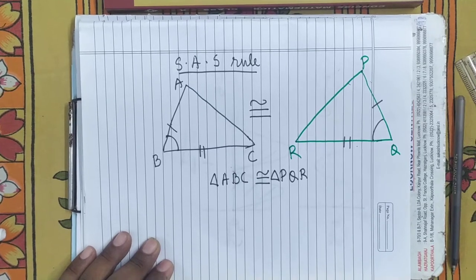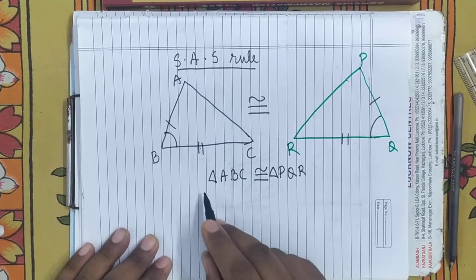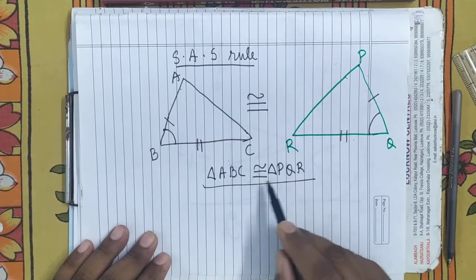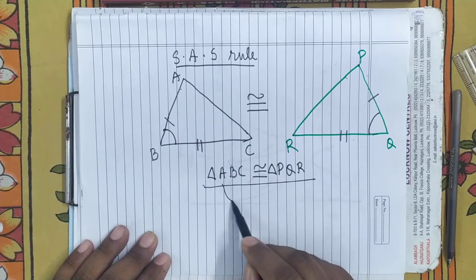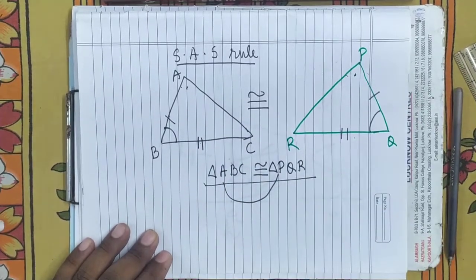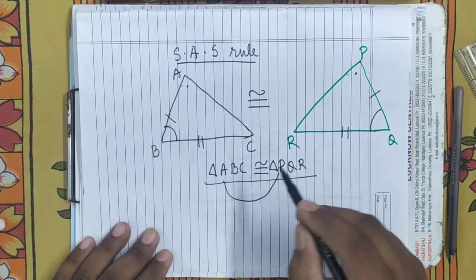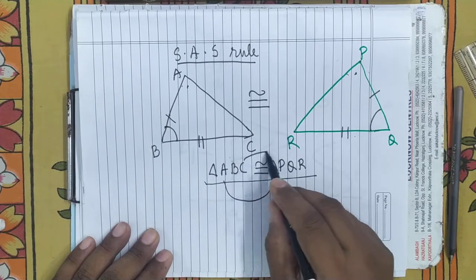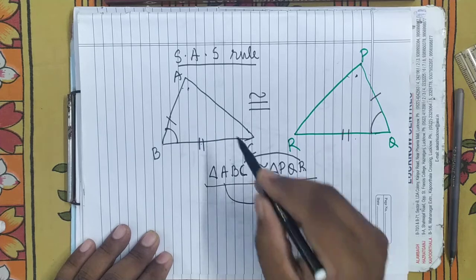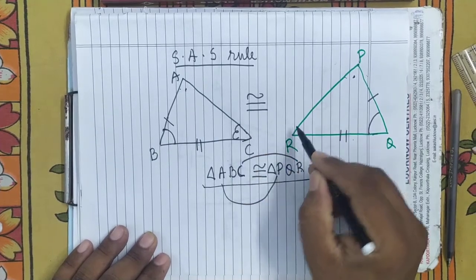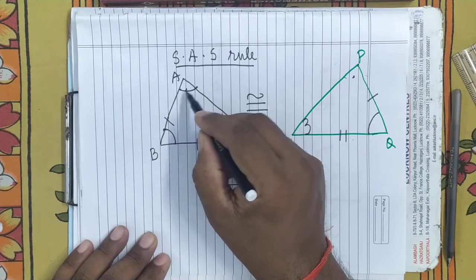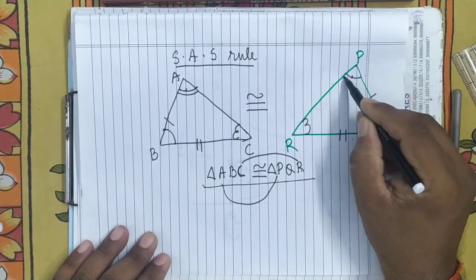Very simply, you can tell that angle A will be equal to angle P. Then angle C will be equal to angle R, because in place of C there is R. Therefore, this angle will be equal to this angle.